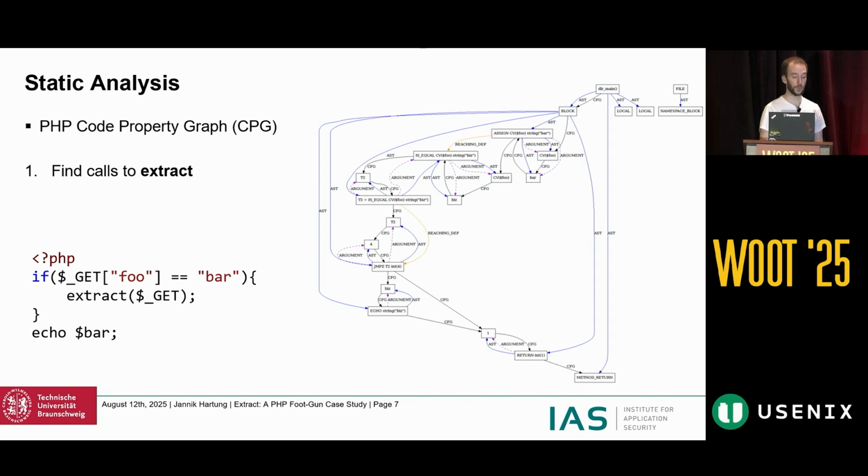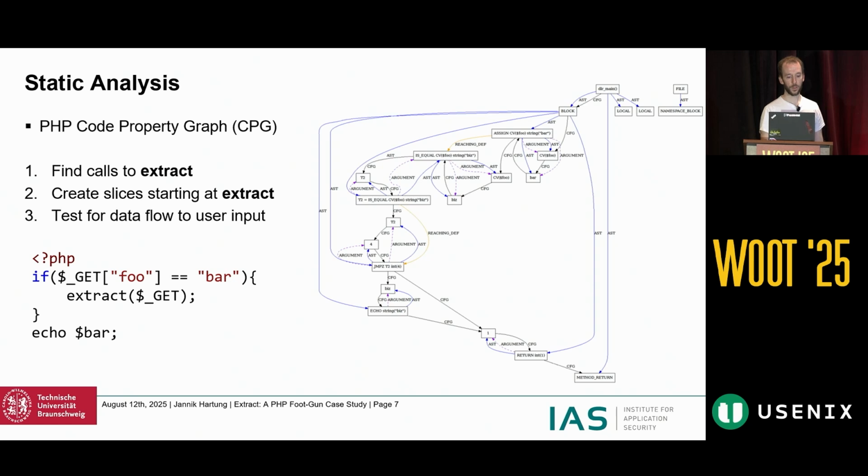And first, we look at calls to extract in the code, if there are any. And then starting from this call, we go up and prune all paths in the code that don't reach this one. So we only have a subset of this graph that actually could reach the extract call.